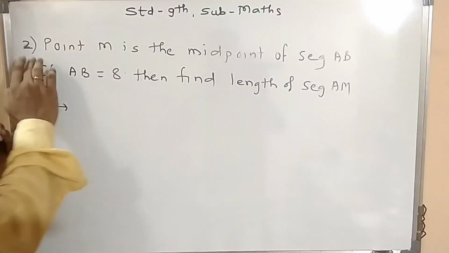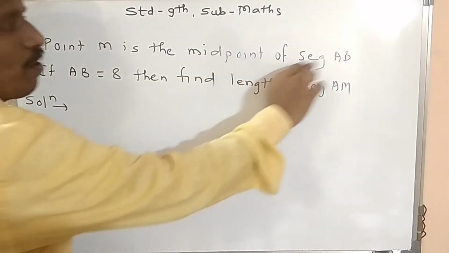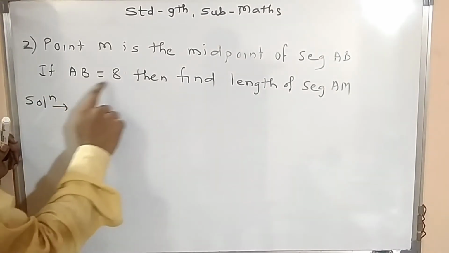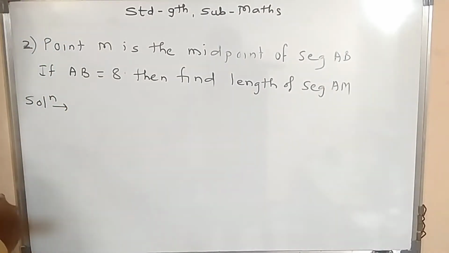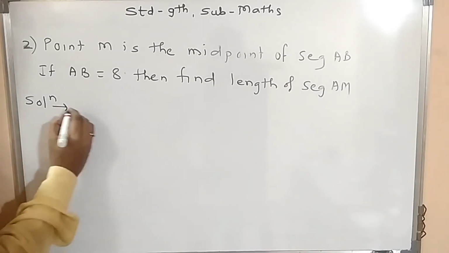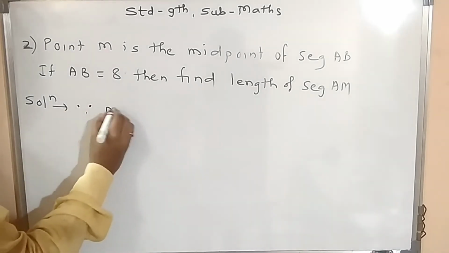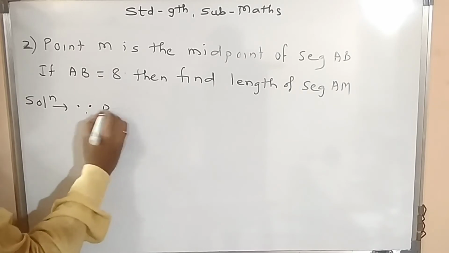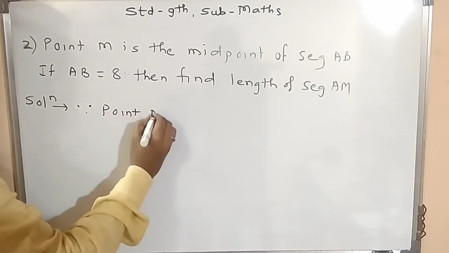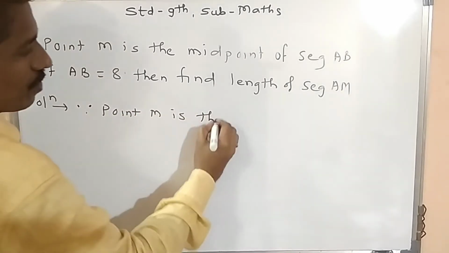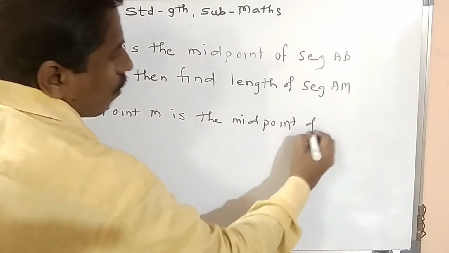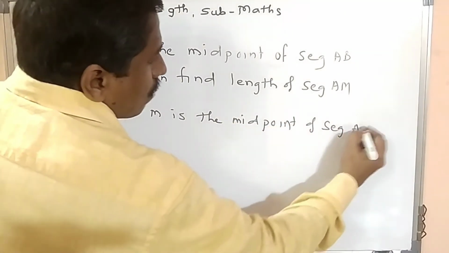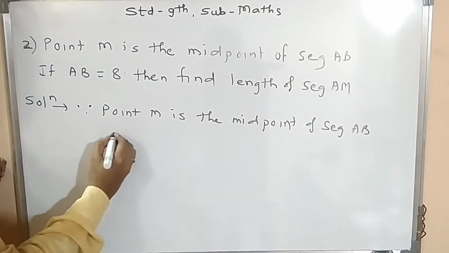Question number 2. Point M is the midpoint of segment AB. If AB is 8, then find the length of segment AM. Since point M is the midpoint of segment AB, what will I get?